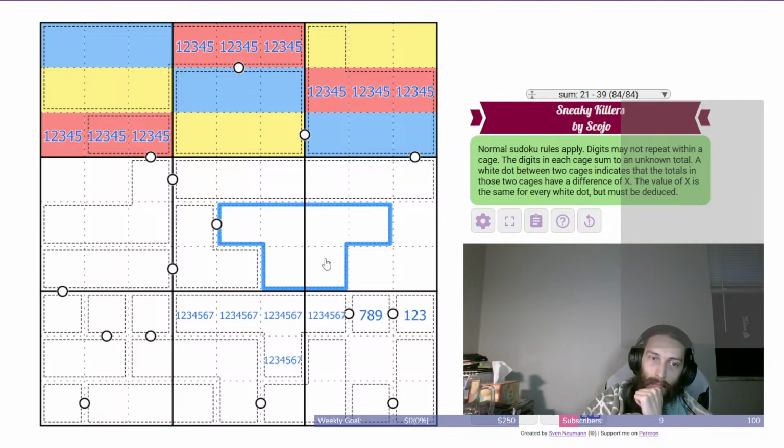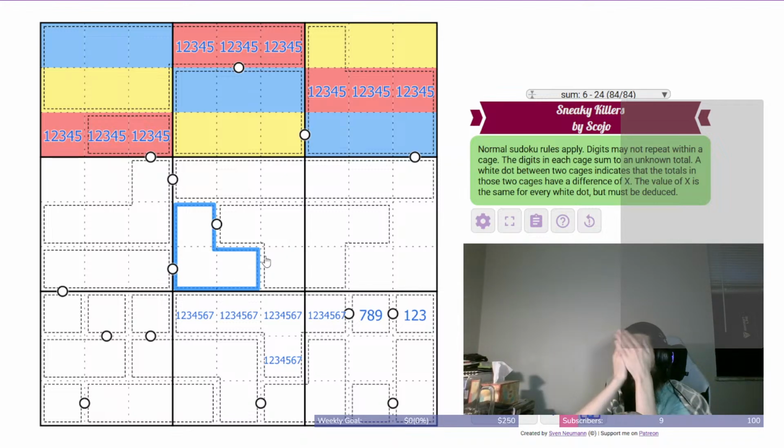Six digits is 21. Although 3 can be 24, it would have to be smaller than 21. Because 21 minus 6 is 15.